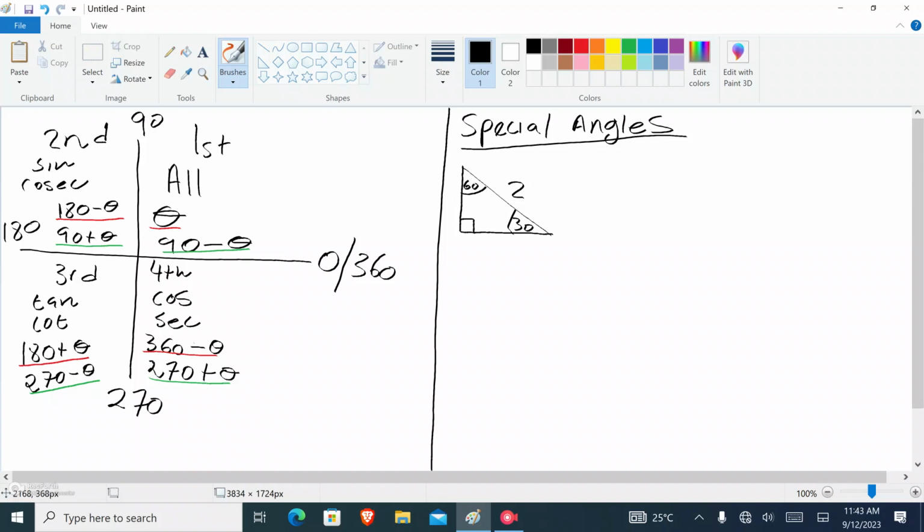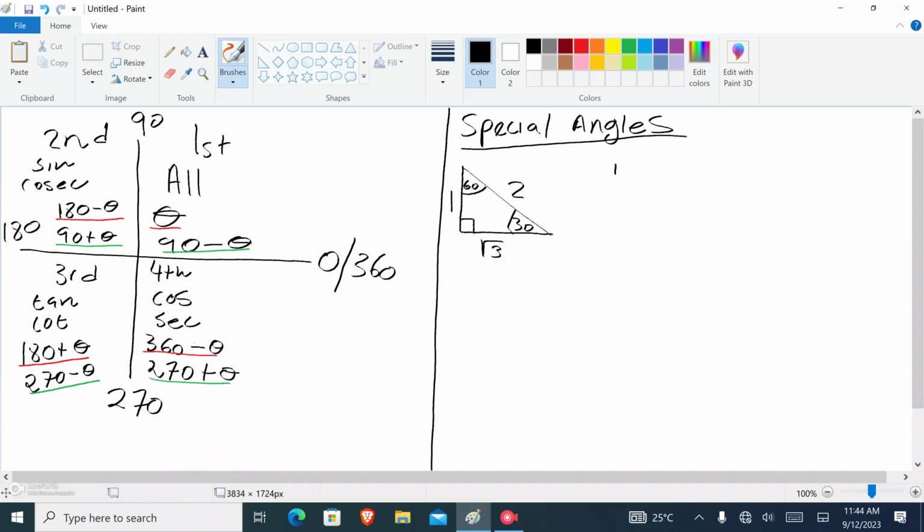And then the adjacent side for 30, but opposite for 60, is square root 3, and the opposite for 30 and adjacent to 60 is 1. So that is your right angle triangle for special angles, by the way.